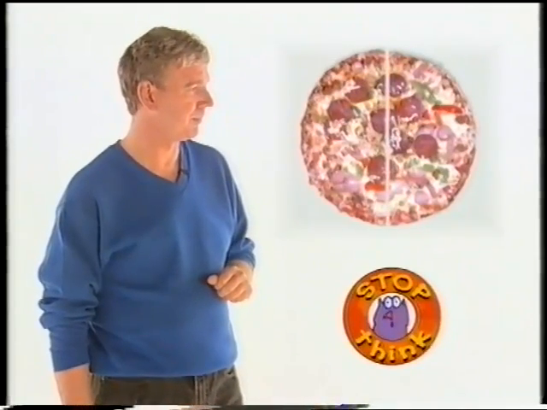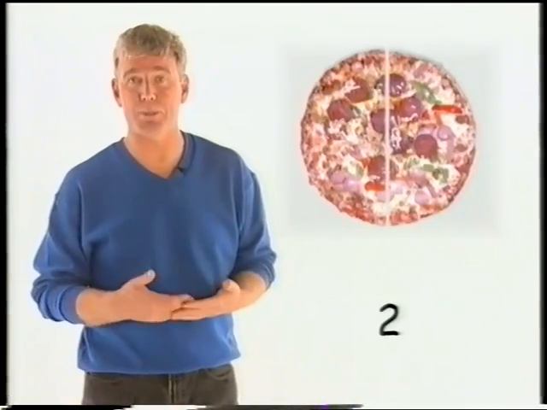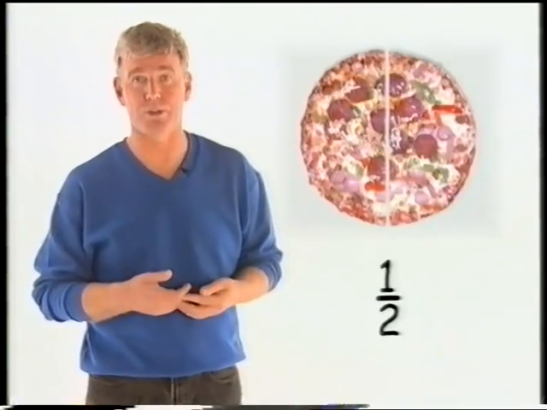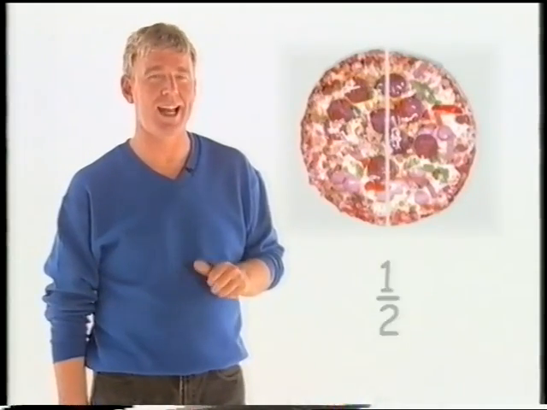First, fraction names. We're going to cut a pizza into equal parts, and you can tell me what fractions it's been cut into. First one. It's cut into 2 parts. Each part is 1 over 2, or a half. And this?